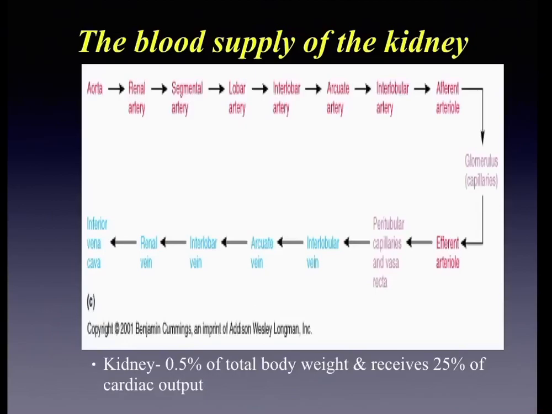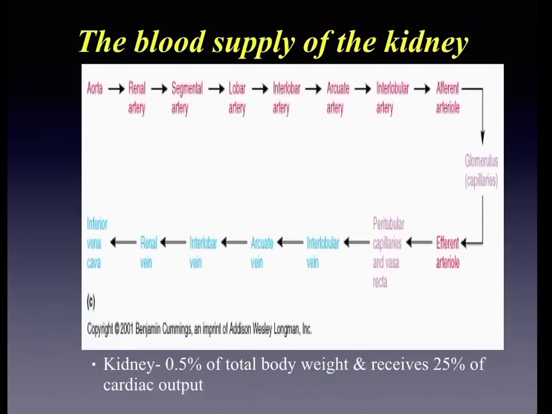Then these efferent arterioles in turn give rise to the peritubular capillaries and the vasa recta. All these capillaries will drain into the interlobular vein, then into the arcuate vein, then into the interlobar vein. Finally, it drains into the renal vein, which in turn drains into the inferior vena cava. So this is how the blood supply of the kidney is.